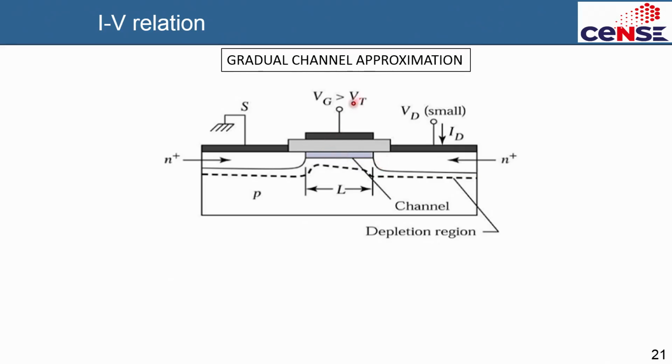Now, the gradual channel approximation will tell you that the variation of potential in this direction matters actually. The variation of potential along this direction can be ignored, which means we can assume that the channel that is formed is infinitesimally thin, like a layer here.